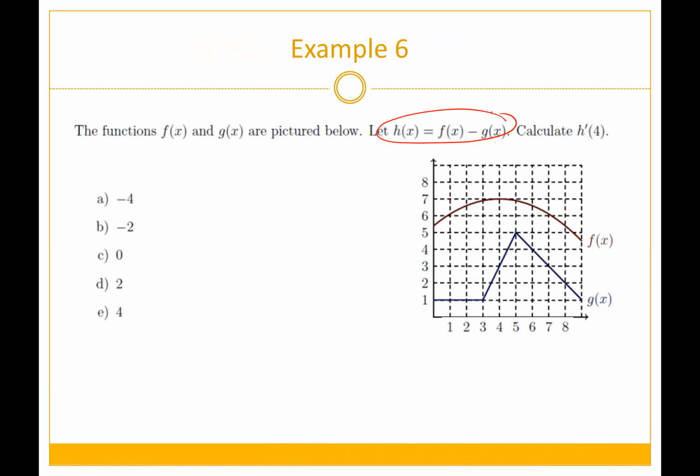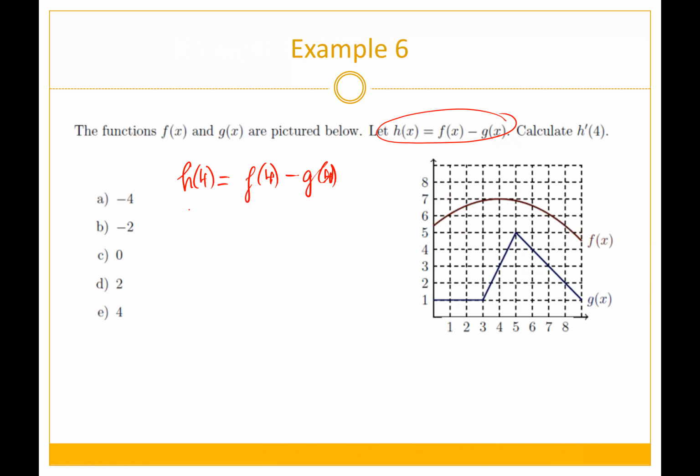I think it will be much better if you use the definition of the derivative at a point. You have h at 4 equal to f at 4 minus g at 4, and this is correct for all x in this interval because it's defined here.